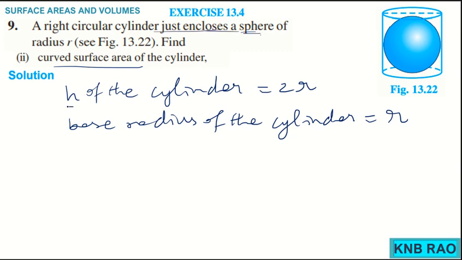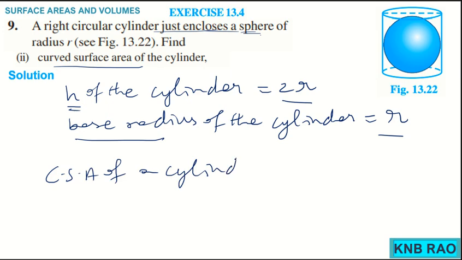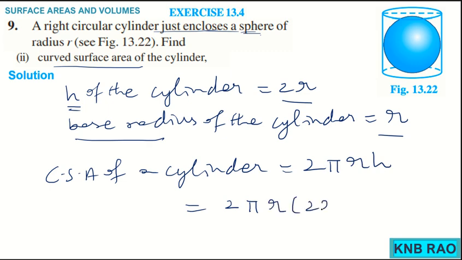So, when I know the height as 2r and the base radius as r, the curved surface area of a cylinder formula is 2 pi r h. Here h is substituted as 2r. That means 2 twos are 4, pi comes as it is, r into r is r square.